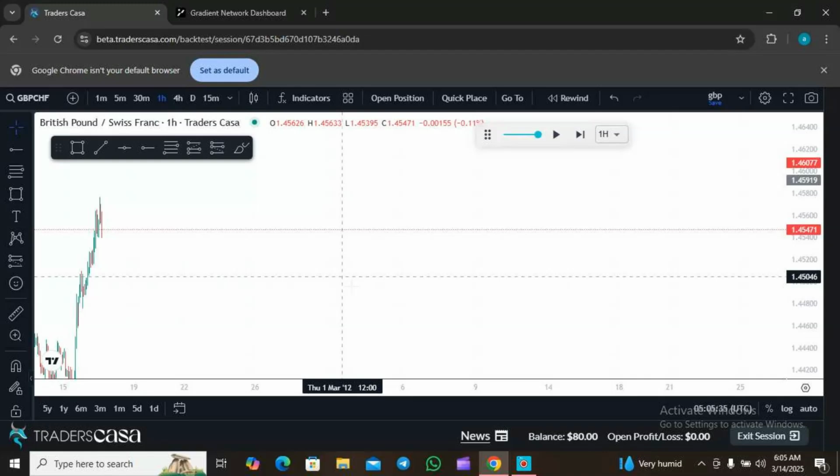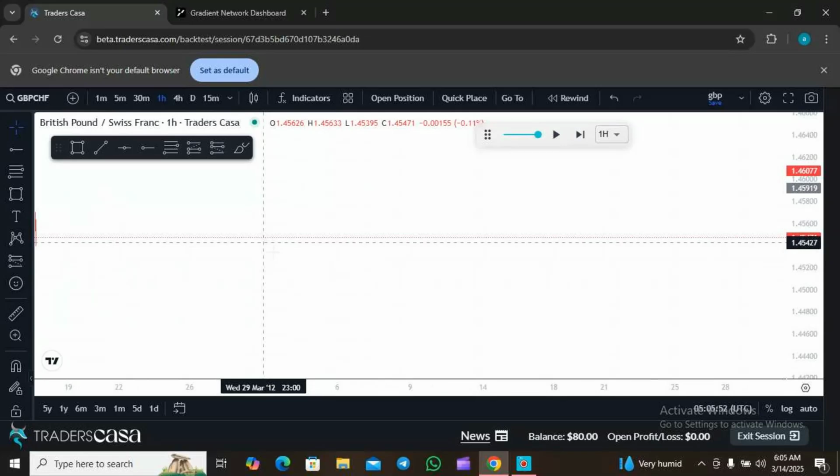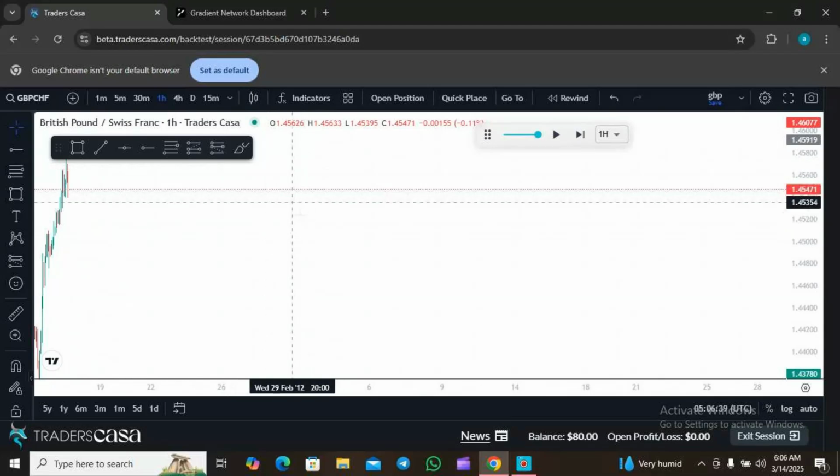You know what they're saying, focus on only one or two pairs if you want to see consistency. So I've mastered in and out of GBP CHF using the smart money method of trading.